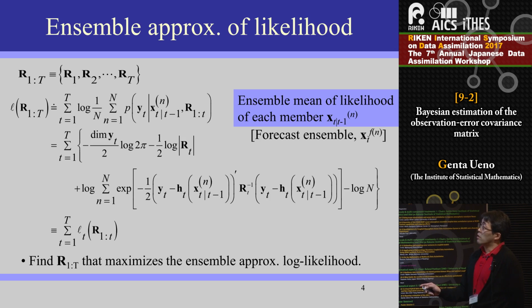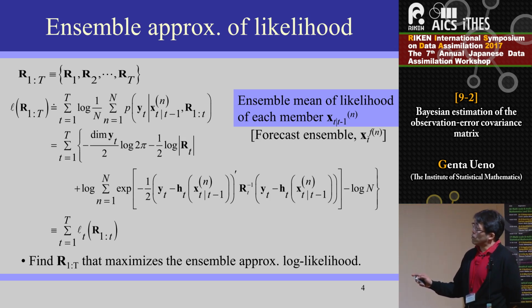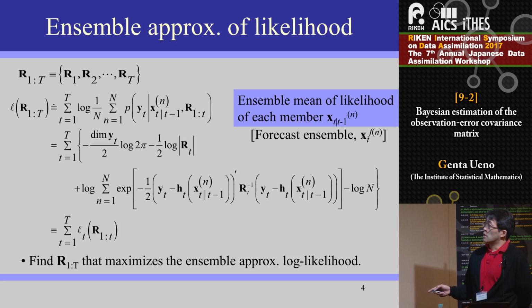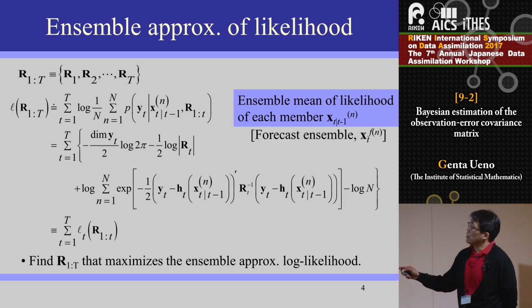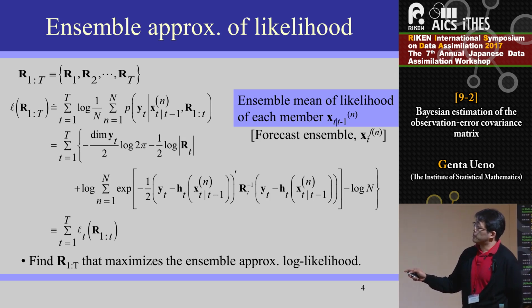Then take a logarithm, then take the summation to compose the likelihood function of all observations. This likelihood function is explicitly written like this by assuming the observation error is a Gaussian distribution. The logarithm, the determinant, and the exponential function come from the assumption of Gaussian observation error.